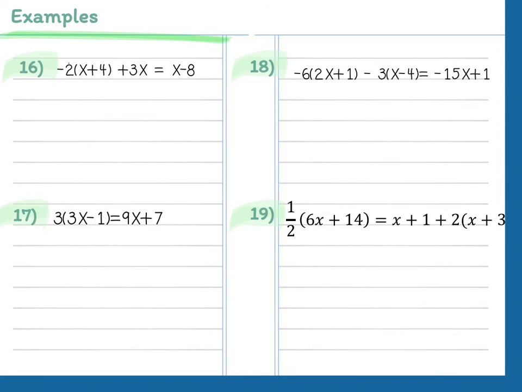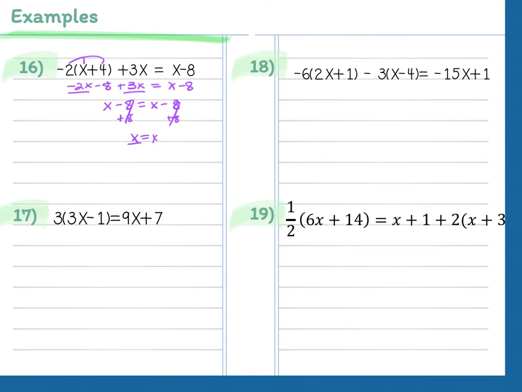Yes. All right, so we're going to distribute this here, so I get negative 2x minus 8 plus 3x equals x minus 8. Then I'm going to combine the negative 2 and the positive 3, and I get x minus 8 equals x minus 8. So I can actually stop here because the left side is exactly the same as the right side. If you don't catch it, then if I add the 8, it cancels. I get x equals x again. It's still the same on both sides.